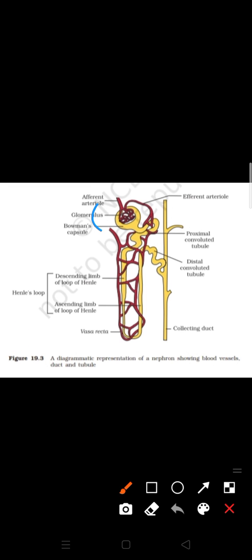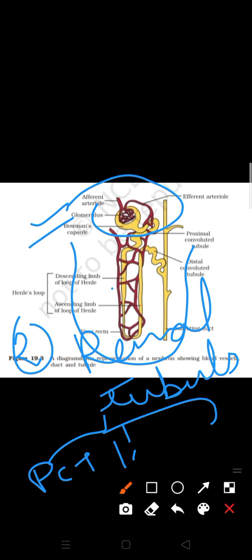You can see here, first is the Bowman capsule and second is the renal tubules, consisting of the proximal tubule and loop of Henle. In the renal tubules, PCT and loop of Henle are there, and the third one is DCT. One by one we will discuss all of them.